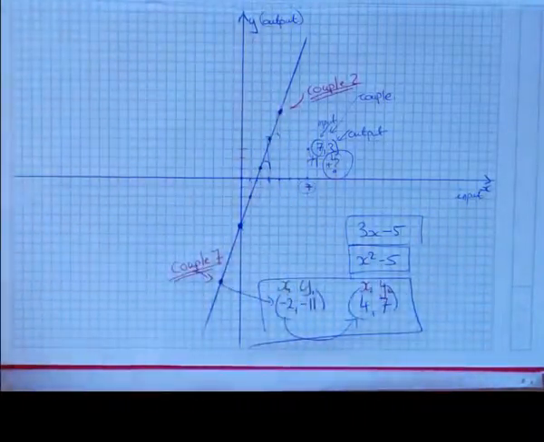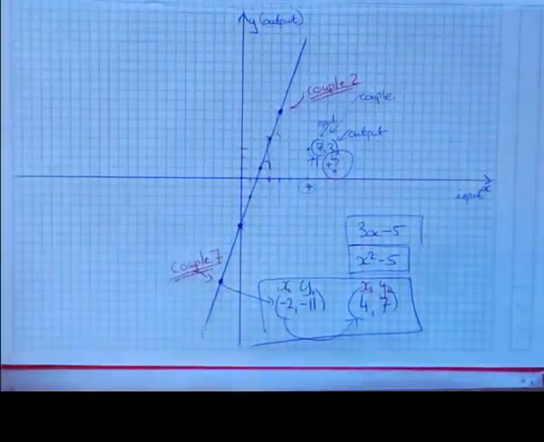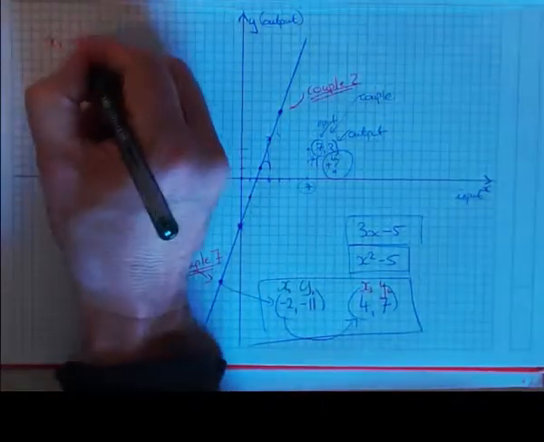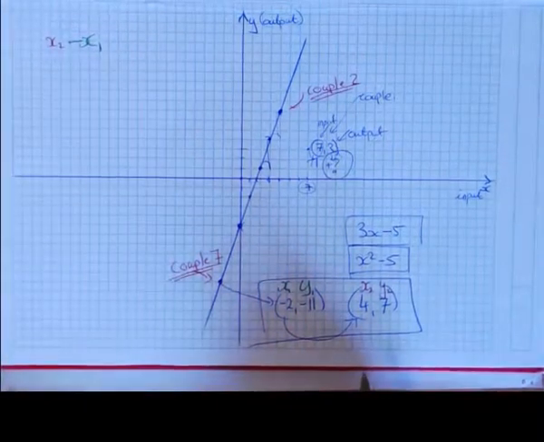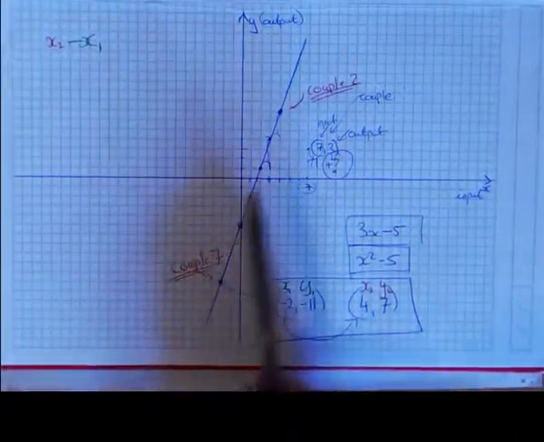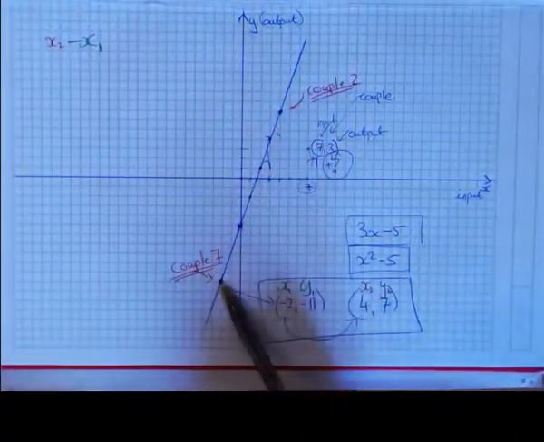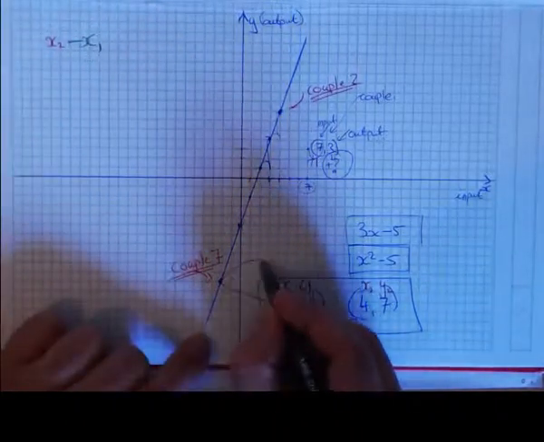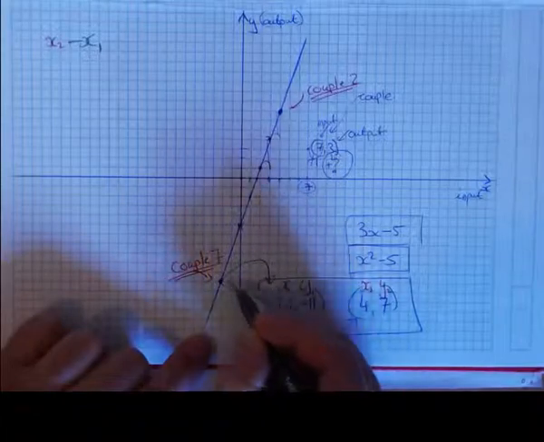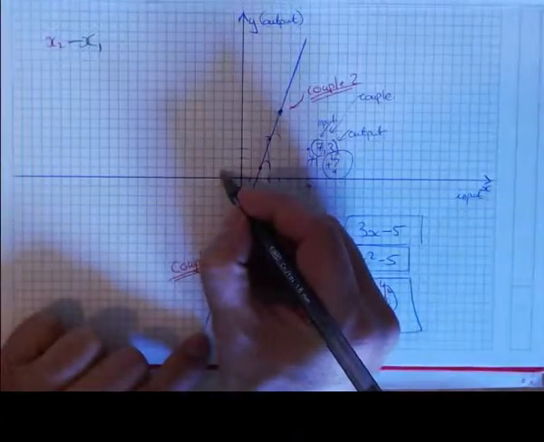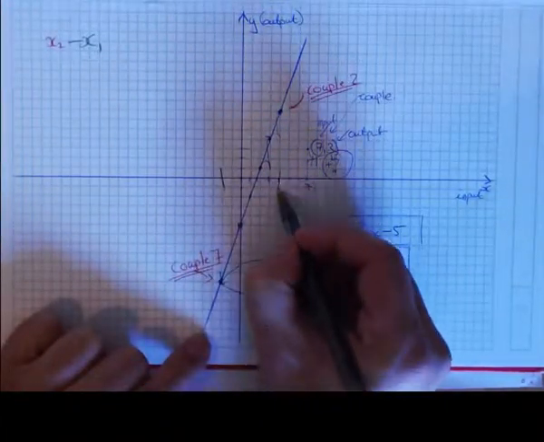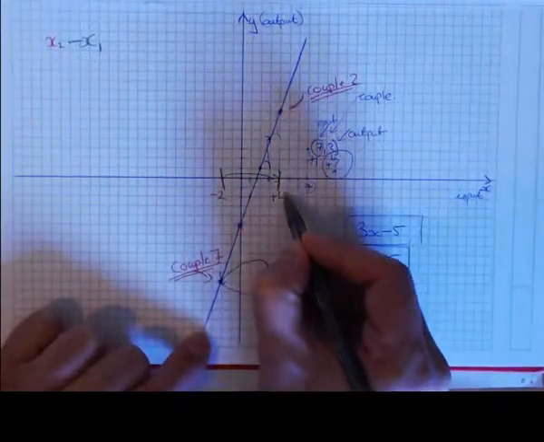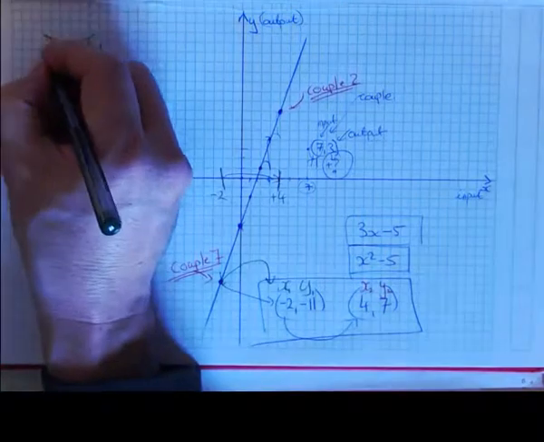Let's have a look. Well, it's going to be x2 minus x1. Okay, the distance from here to here, how much have we gone across? We've gone across this much. Let's have a look at that up here. How much have we gone across? We've gone across from -2 to +4, and we want to know how far that is.